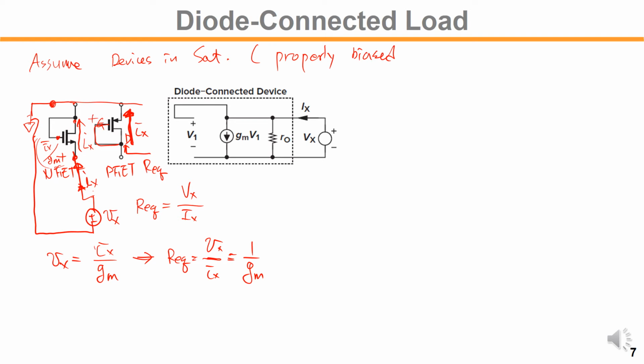Plus minus, there. That is Vx, Ix over Gm. Then we get the same equation, right?